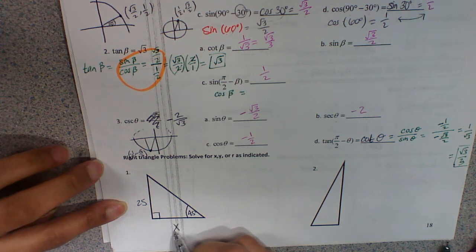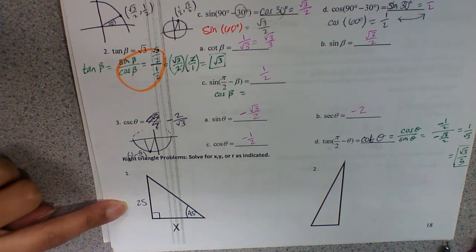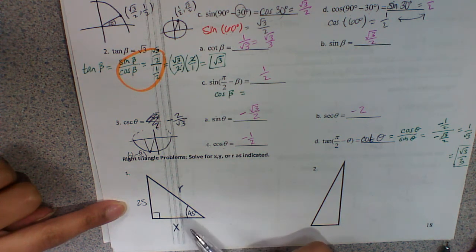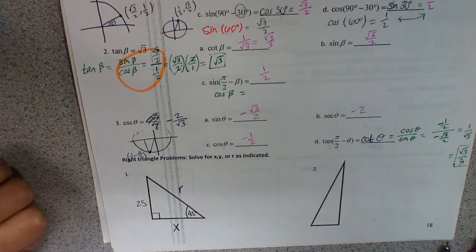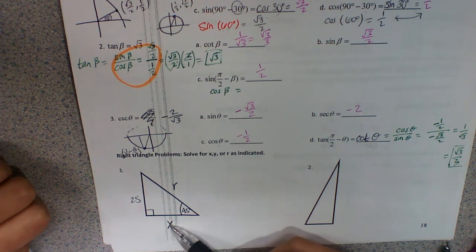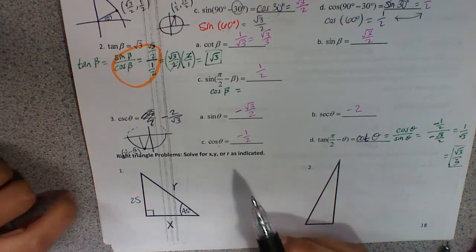I'm going to leave x unknown, and I'm going to leave r as an unknown. Now what this is going to do is you can actually use your knowledge based on what I've given. You can probably infer some things, but what I want you to do is actually show me, based on trig values, how to find r and how to find x using what you know.